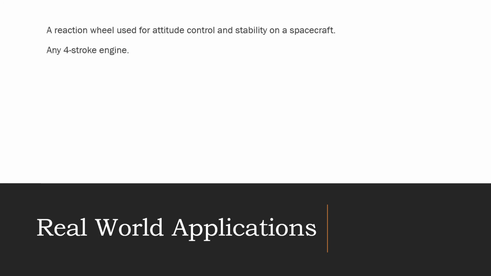And then for question 3 of the homework, we were asked to find real-world problems that follow the linearity requirements for the transient modal dynamics. And I found that a reaction wheel that's used for attitude control and stability on a spacecraft, as well as any 4-stroke engine, these follow the requirements for linearity because they both follow the same path.